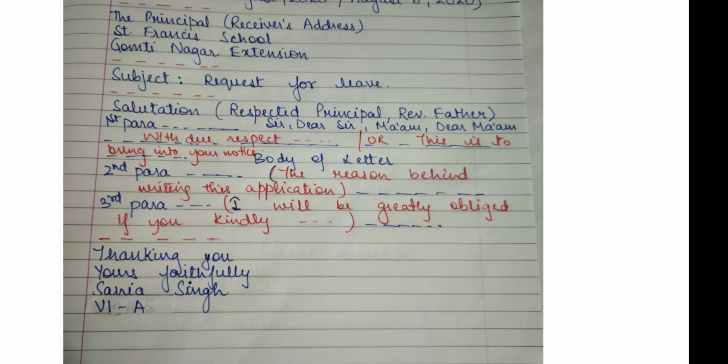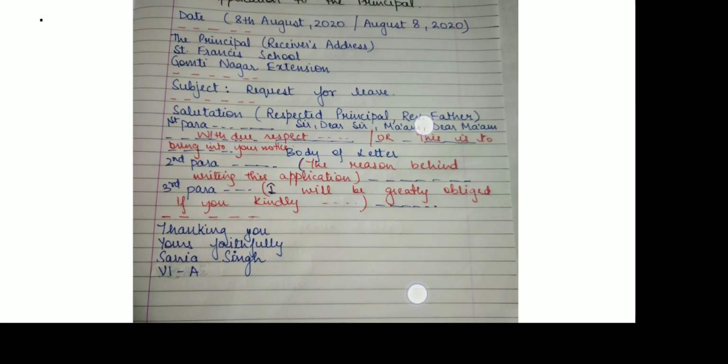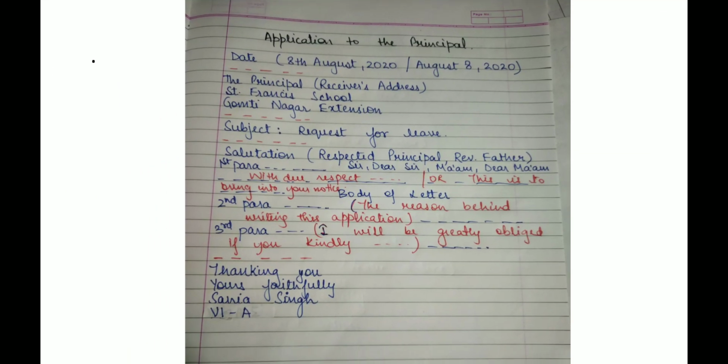So this is the format you have to remember. First is the date, leave a line, receiver's address. In 3 lines you will write that. Then leave a line. Then you will write the subject. Then you will leave a line, write the salutation, respected principal, Reverend Father, sir, ma'am, whatever it is. Then the first paragraph, second paragraph, third paragraph.